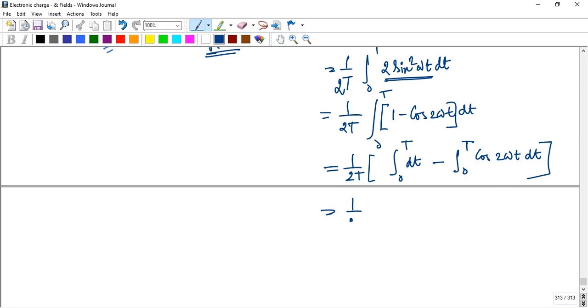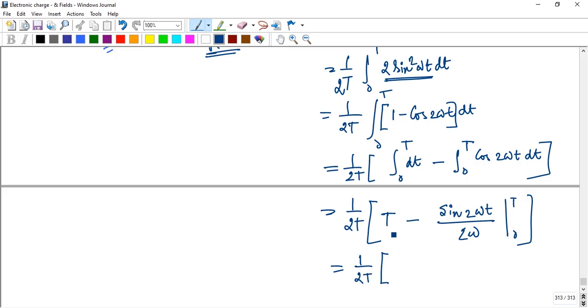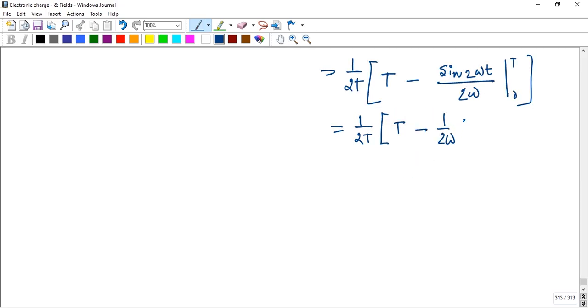So 1 by 2T, integration 0 to T of dt gives only T, and the cos integration is sine 2 omega t by 2 omega, evaluated from 0 to T. So 1 by 2T times T, minus 1 by 2 omega times sine 2 omega T minus sine 0, which will be 0.